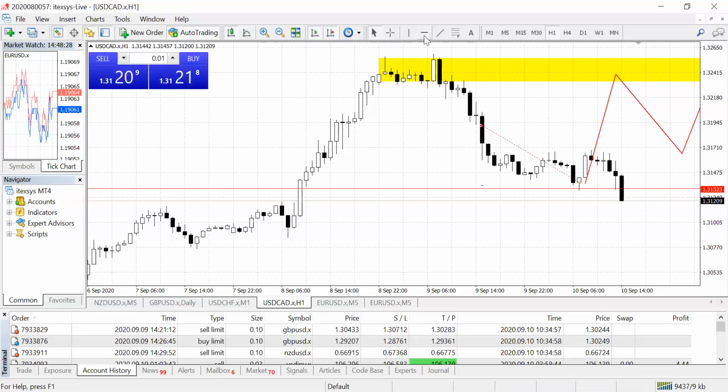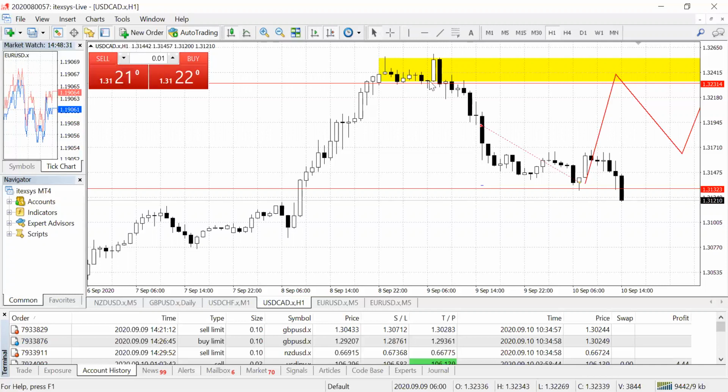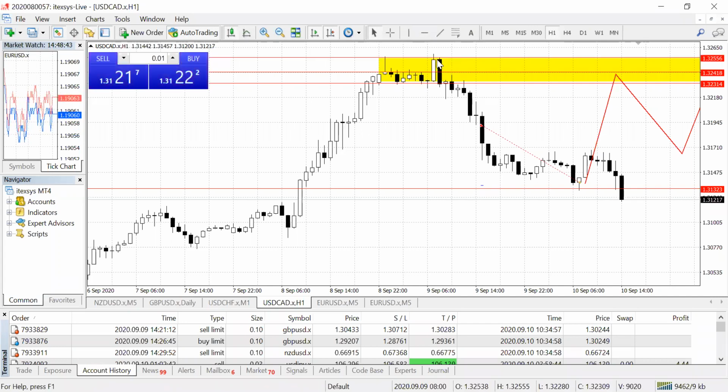The bottom part is the first resistance, and this is another resistance area right here, and of course the next one.